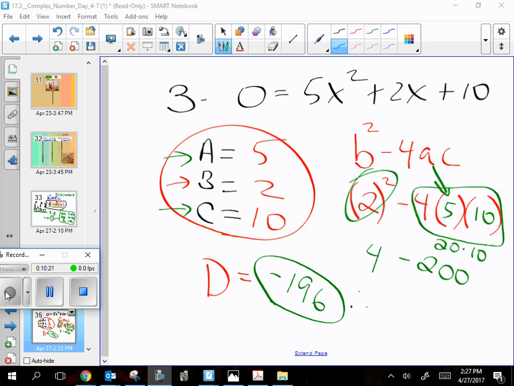If you look at the top of your worksheet, it'll say if D is bigger than 0, do you get that means positive? If D is positive, is this one positive? No. So we go to the next one. If D equals 0, was D equal to 0? No, it wasn't. It was negative and therefore no solutions. And I did say it was okay in this class to say that.